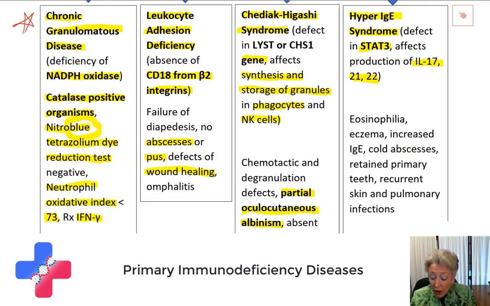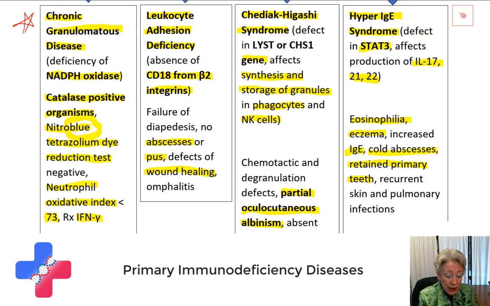So I see a broad range of different phenomena in these patients: eosinophilia, eczema, increased IgE synthesis, abscesses that are not warm to the touch, so clearly they are not inflammatory in nature, retained primary teeth, and recurrent infections of the skin and the respiratory mucosa.